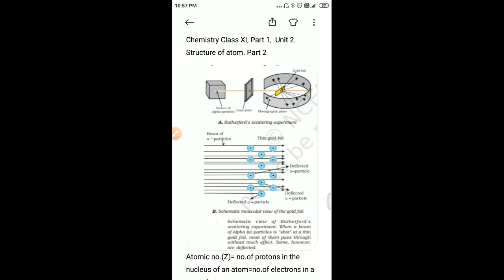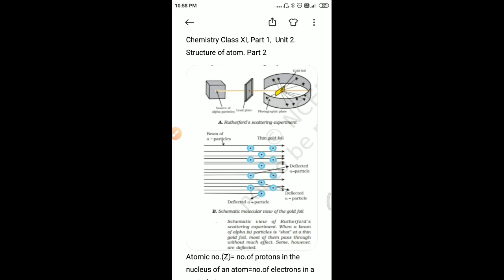On the basis of the observations, Rutherford drew some conclusions regarding the structure of the atom. Number one, most of the space in the atom is empty, as most of the alpha particles passed through the foil undeflected. A few positively charged alpha particles were deflected.